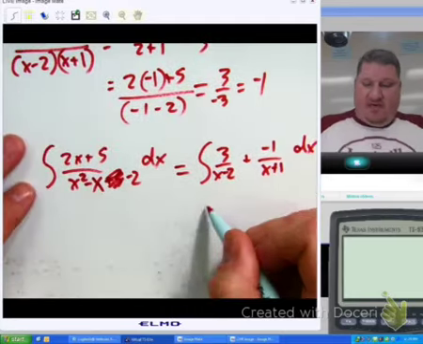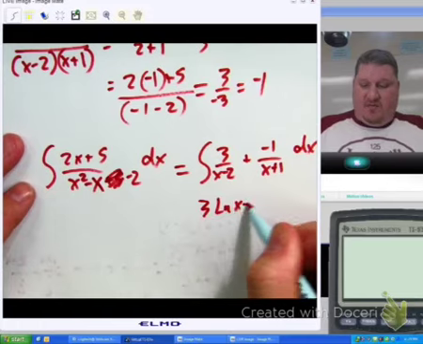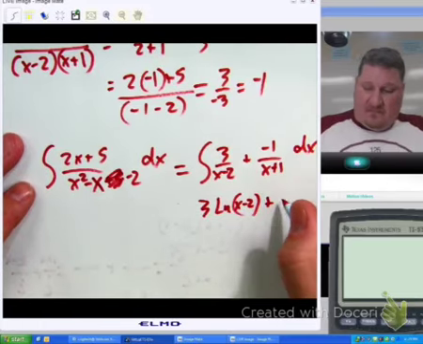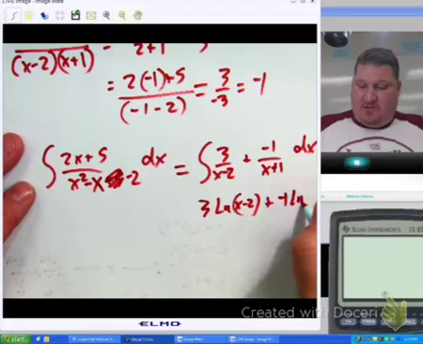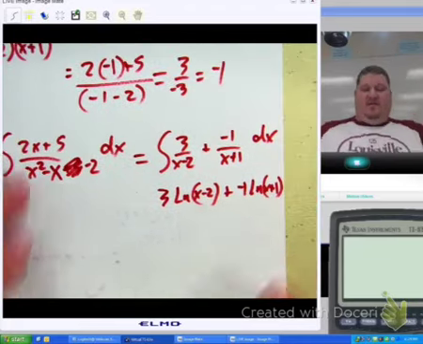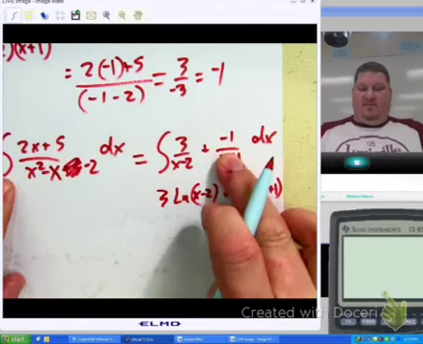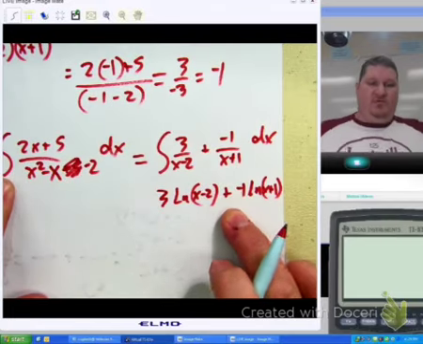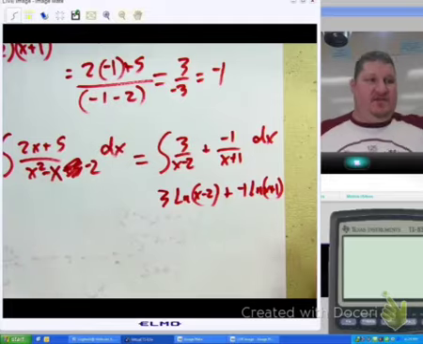This is nothing more than 3 natural log of x minus 2 plus -1 natural log of x plus 1 plus c. This I don't expect you to be able to do. What I'm showing you is what you will do with it once you learn the Heaviside method.